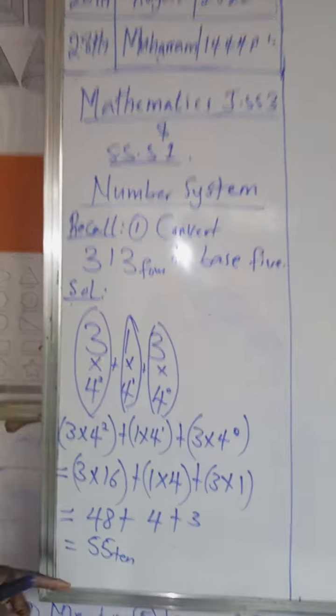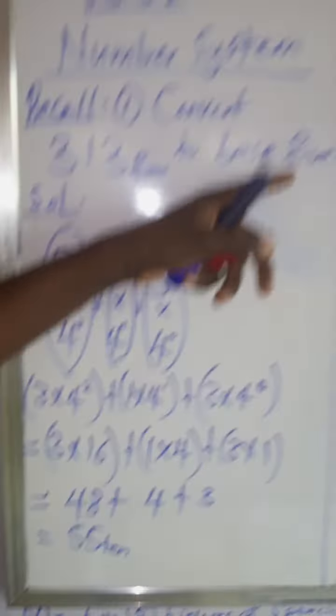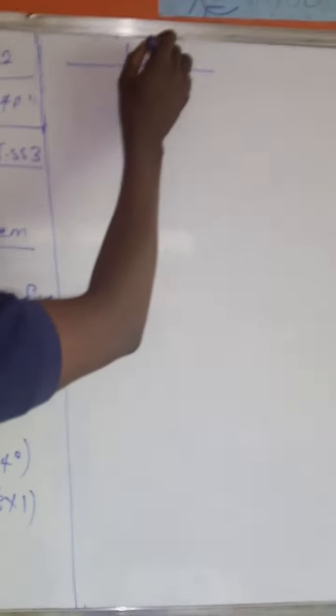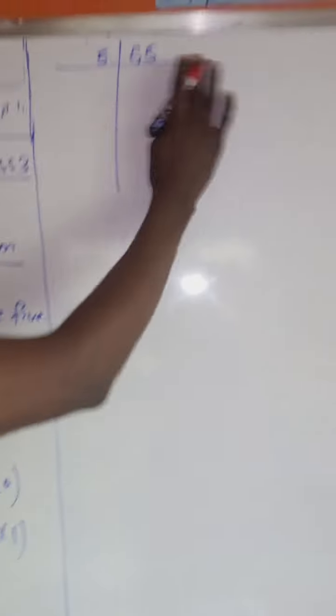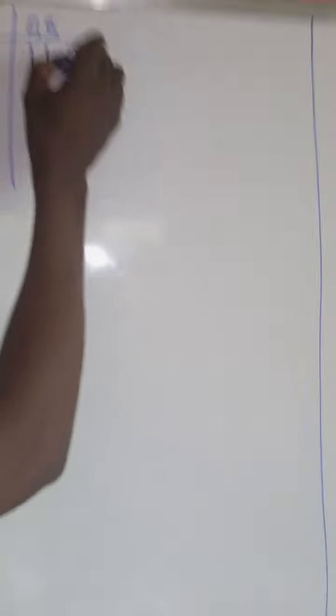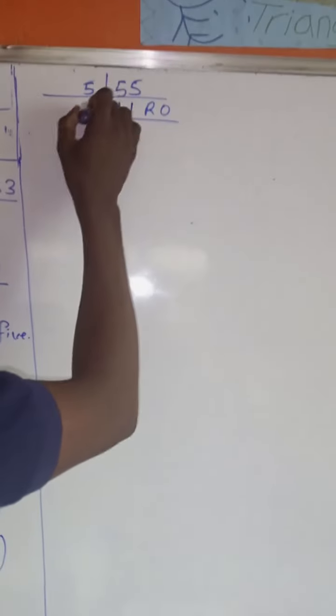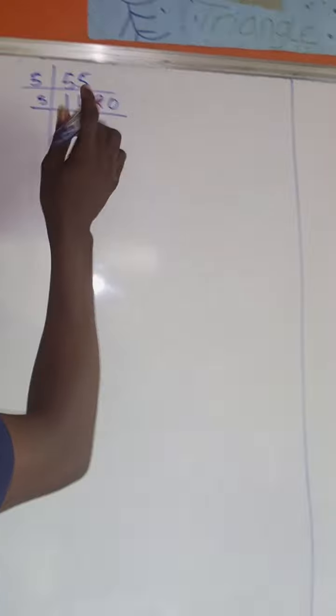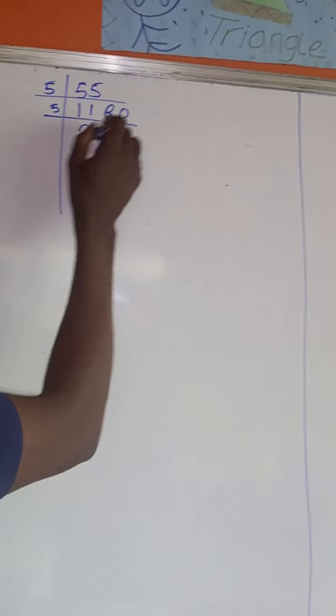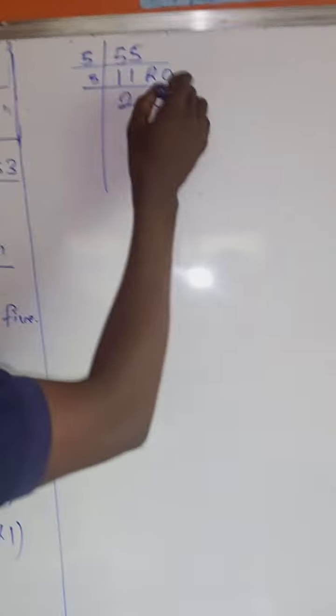But this is not the end. We are going to base 5. We are now going to convert 55 base 10 to base 5. We are going to divide it by the base we are converting it to. So 5 in 55, 11, remainder 0. We still use our 5. 5 in 11, that's 2, remainder 1.